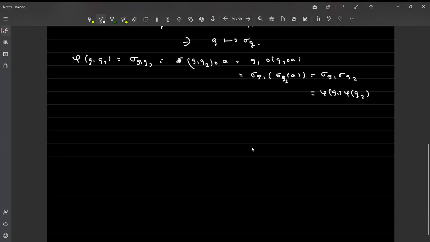Therefore, any group action has a permutation associated with it.